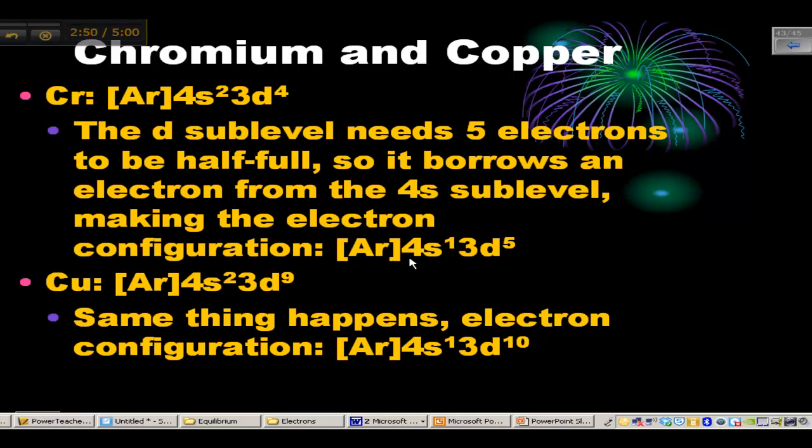So it ends up looking like this, 4s1, 3d5, and you may see that on some of your printed material. Same thing happens for copper. You only need 1 more electron to have a full d sublevel here, so it borrows it from 4s2. So for copper, you might see the electron configuration written like this. Now you don't have to memorize these or anything like that. Just know that this is why things happen the way they do.